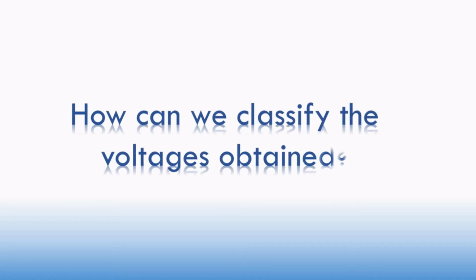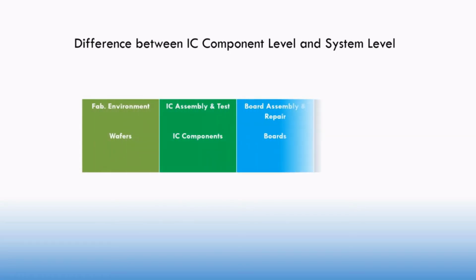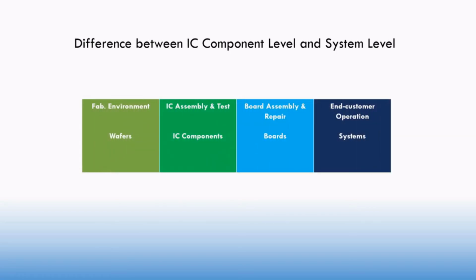How can we classify the voltages obtained? It is important to make a distinction between the IC component level and the system level. We determine four stages. One, fabrication environment, when we work with wafers. Two, IC assembly and test for IC components.